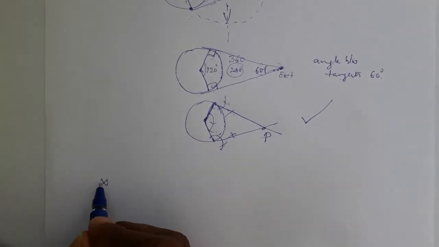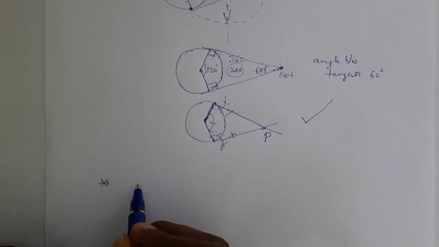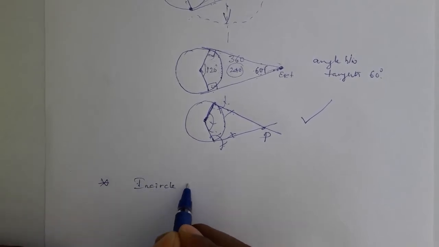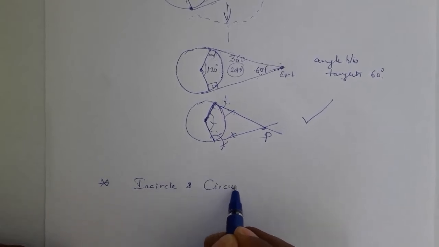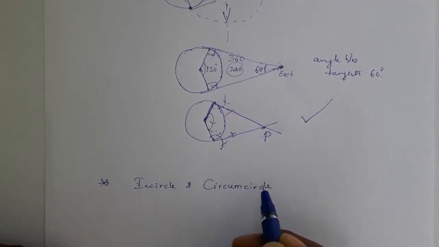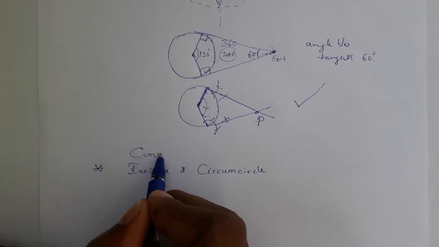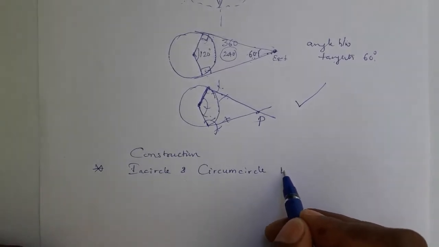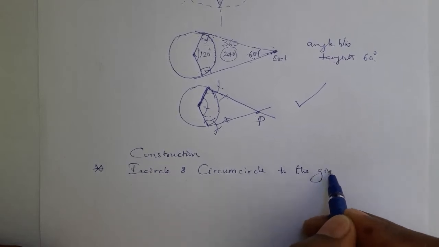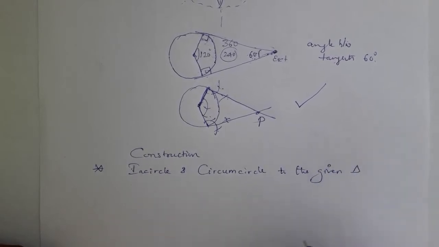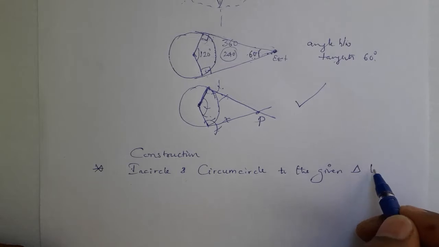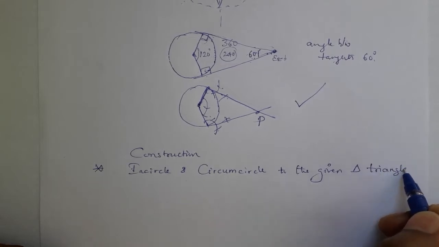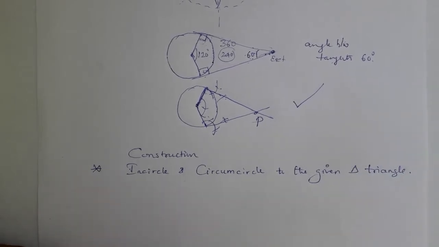So we go for the second type of construction today, that is incircle and circumcircle. Construction of incircle and circumcircle to the given triangle. So to the given triangle, construction of incircle and circumcircle will be practiced today.